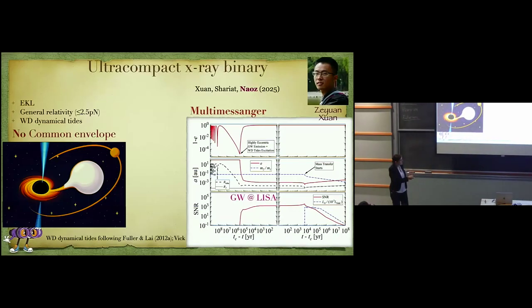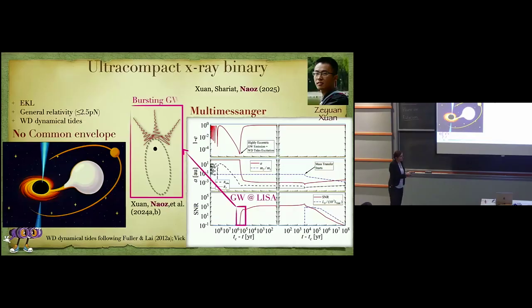We see here LISA gravitational wave SNR, and we see here in blue the X-ray, normalized, so they'll all appear in the same plot. Here we see a bursting signal. So in LISA, it can be observed as a bursting gravitational wave event here. And after a while, it can be seen also in LISA and as an X-ray source together.